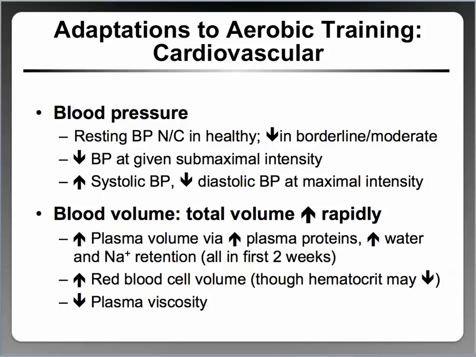However, if you have somebody that has borderline hypertension or even moderate hypertension, it'll decrease, and the decrease is about 6 to 7 millimeters of mercury, and it's not known why you see this decrease. However, it's a beneficial thing, so we like to tell people to exercise because it'll improve your blood pressure.